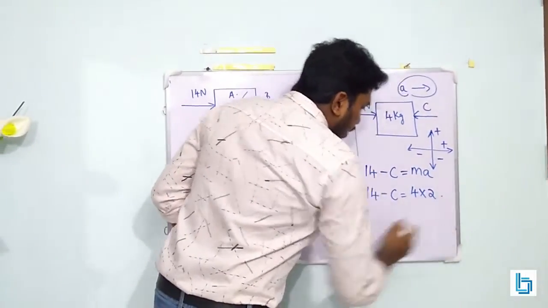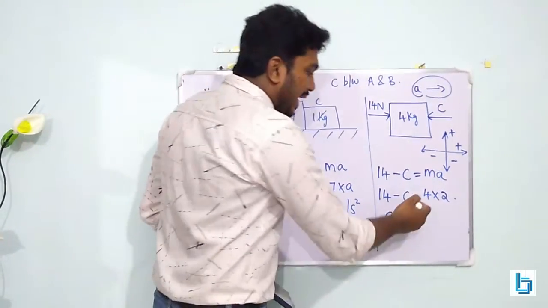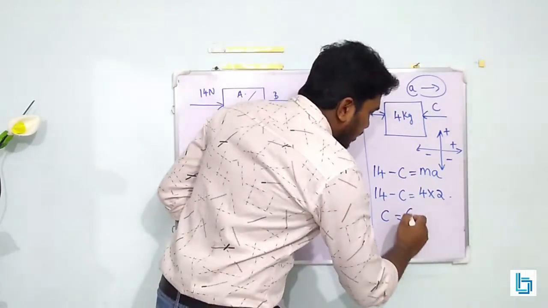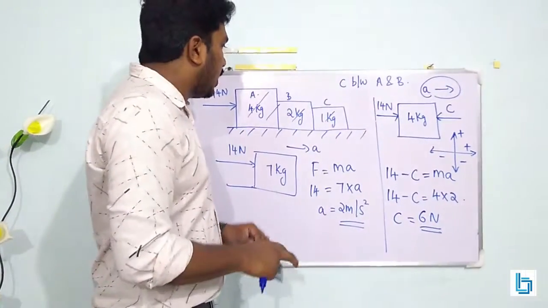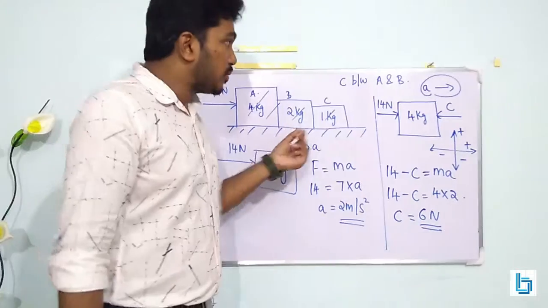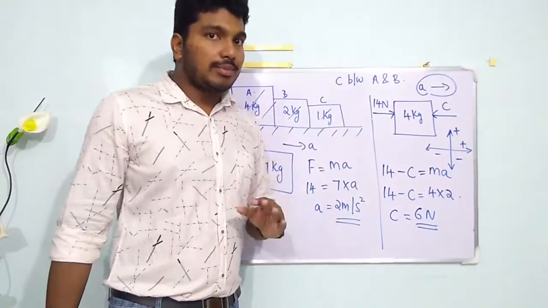So into 2. From here you can get C is equal to 14 minus 8, that will be 6 Newton. So the corresponding contact force between this 4 kilogram mass and the 2 kilogram mass, that is between bodies A and B, is equal to 6 Newton.